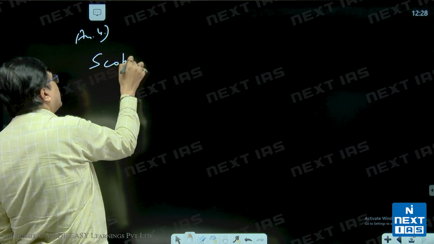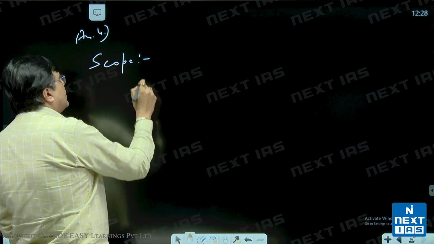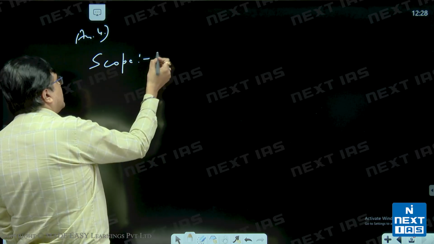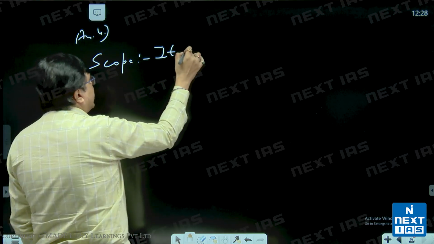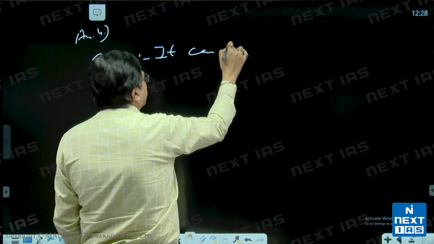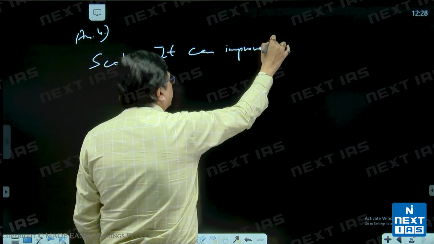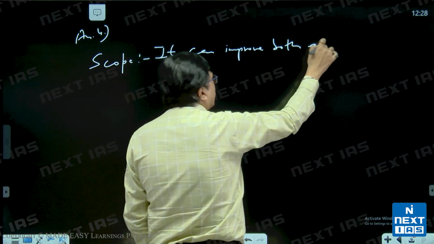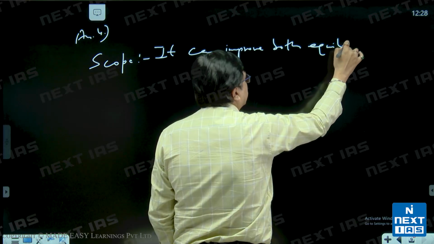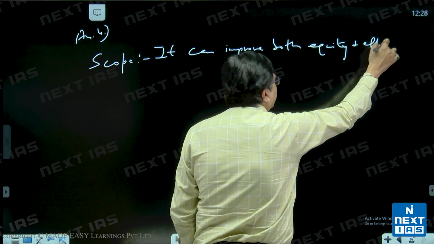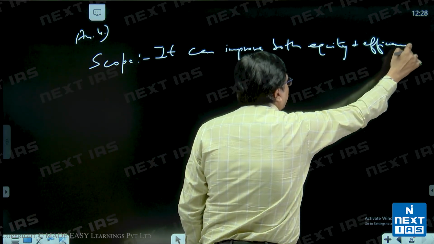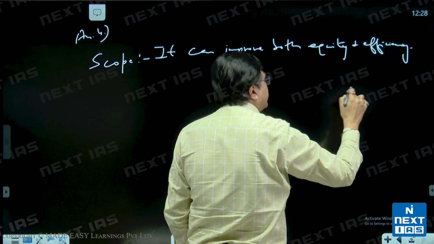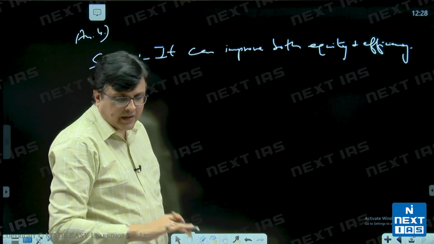scope, So first of all, you will write here, it can improve both equity and efficiency. And then write the scope.